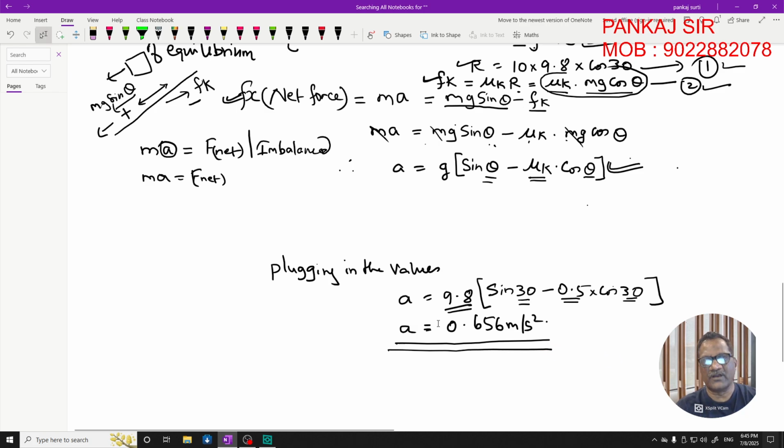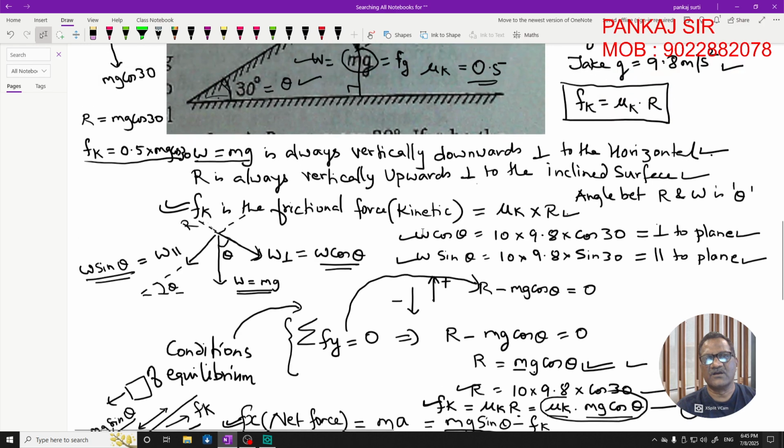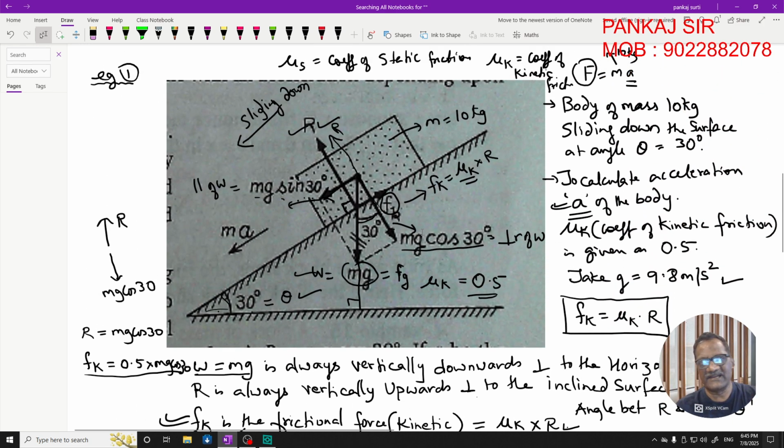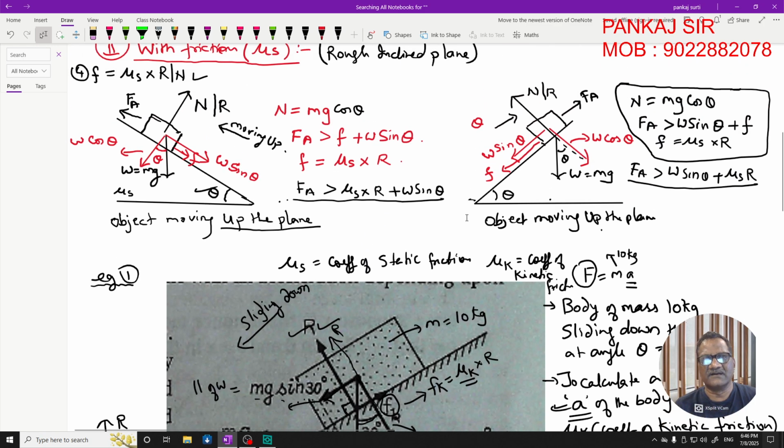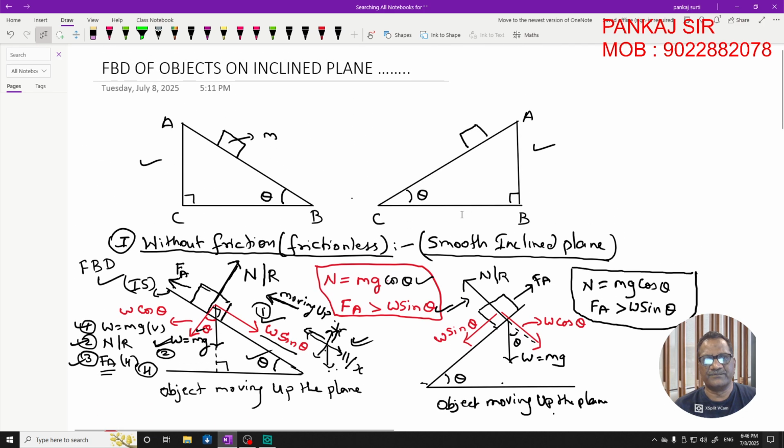This is how you have to find out the acceleration of a body which is sliding down an inclined plane, and you have made use of all the concepts of the FBD applied on a body kept on the inclined plane. So this is how you have to deal with problems based on objects placed on an inclined plane.